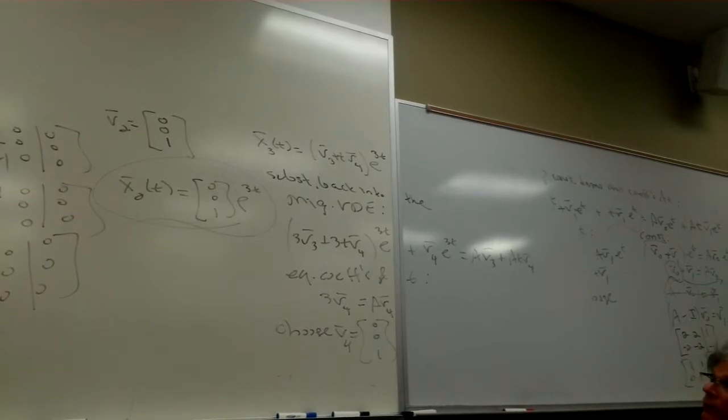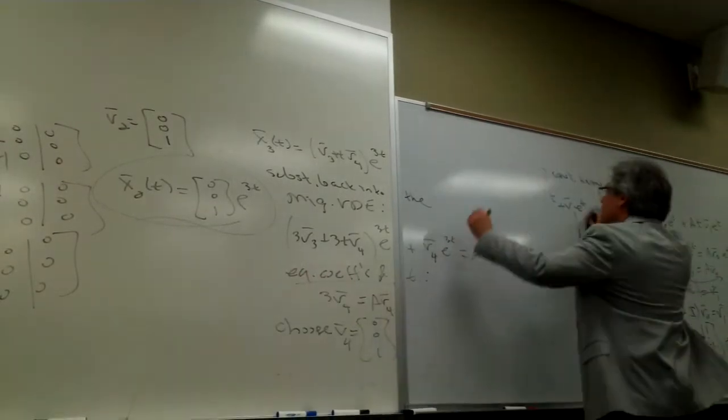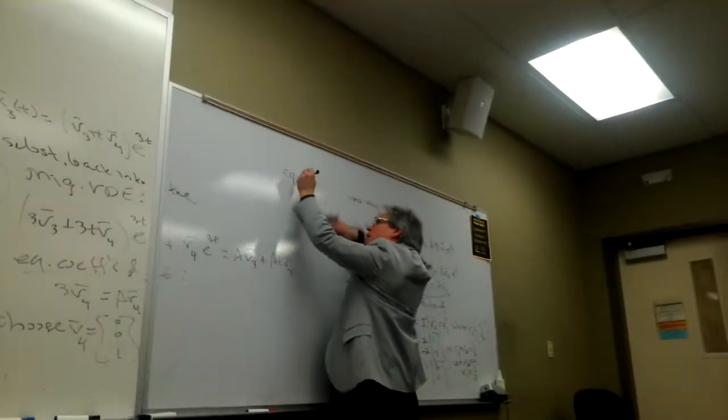Now what I need to do is generate what v sub 3 bar looks like. Then I'll be done. Now to find v sub 3 bar, I'm not going to equate coefficients of t, but I will equate constant terms.